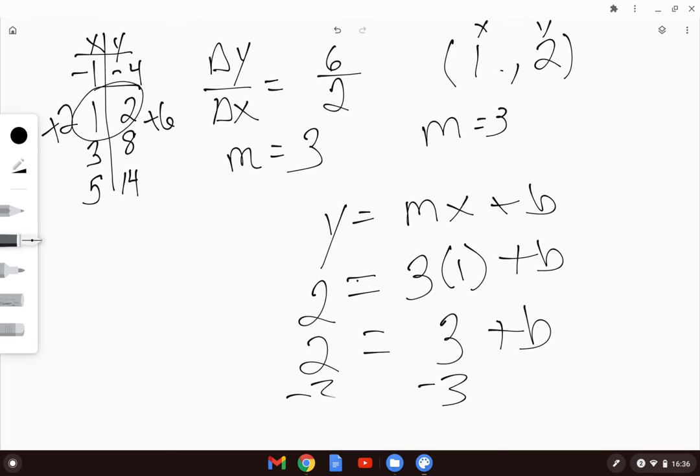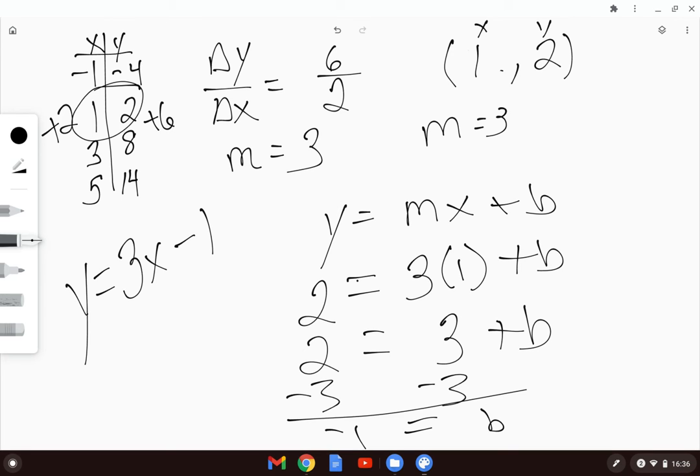Subtract 3 from both sides, and I have b equals -1. So here, my linear function is y equals 3x minus 1. So that means where my x value is 0, my y value is going to be -1.